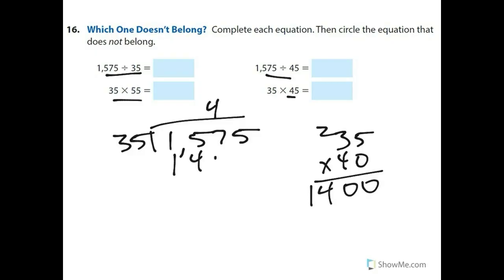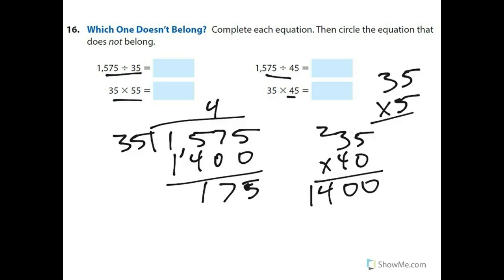So 1,400. Then 175. I'm going to try 5 because 3 times 5 is 15, so it's close to 17. So 35 times 5, 25. 5 times 3 is 15 plus 2 is 175. So we got 45. So this one's going to be 45.